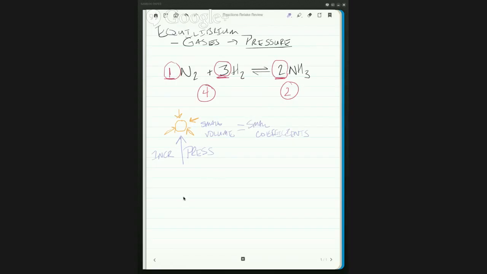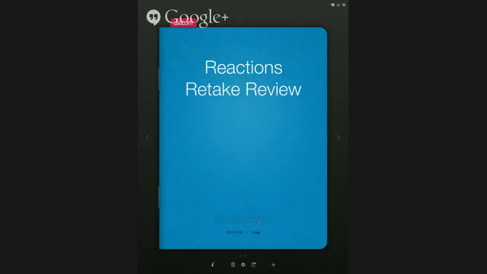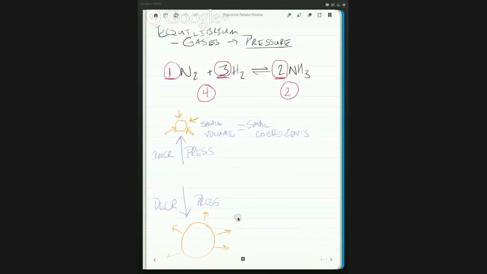Now, if we decrease pressure, decrease pressure. If we decrease pressure, then we're going to have a big volume because now it's sort of like pushing out. I'm just stuck a bit. It's too low. Oh, yeah. Okay, there we go. All right.